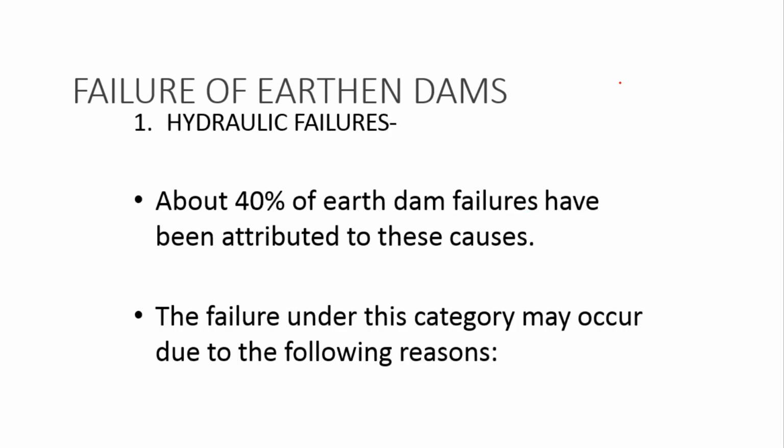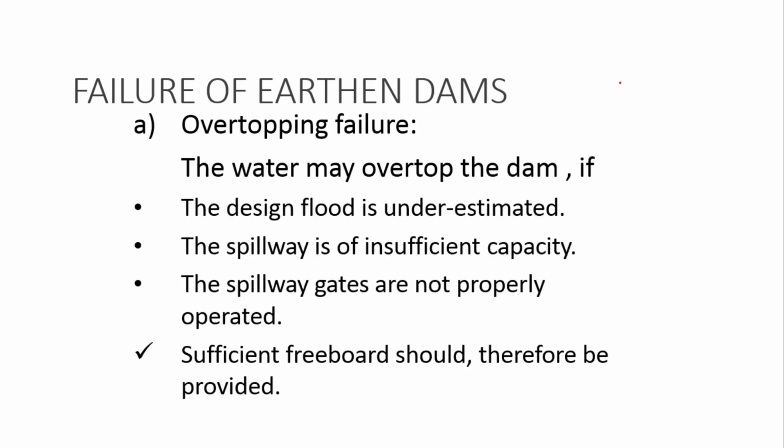Hydraulic failures: about 40% of earthen dam failures have been attributed to these causes. Generally, out of 100%, 40% of earth dam failures are due to hydraulic failures only. The failure under this category may occur due to the following reasons. What are the reasons? Overtopping failure. Design flood is underestimated.